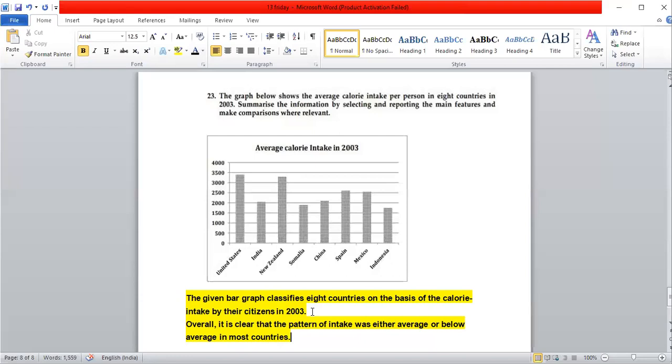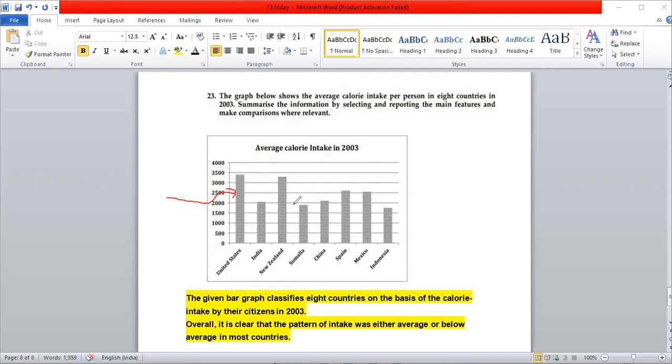The median that I have marked before is 2,500 per day.